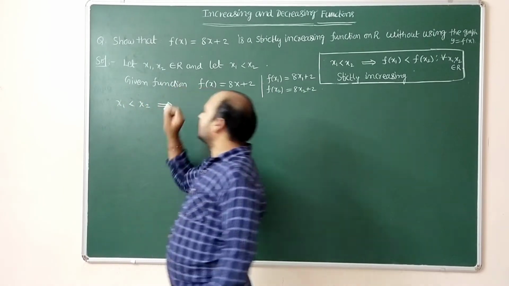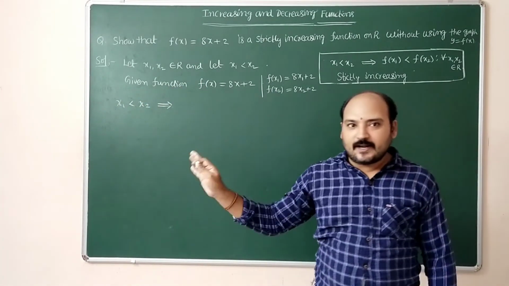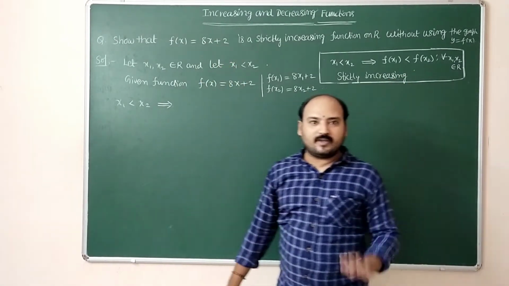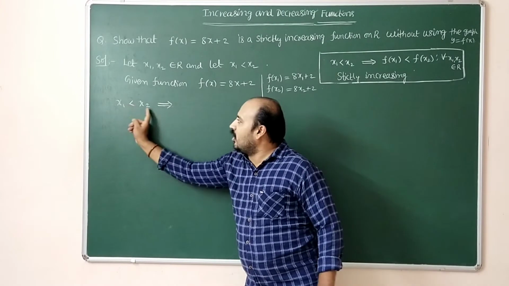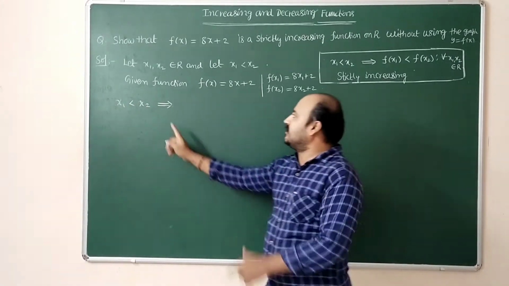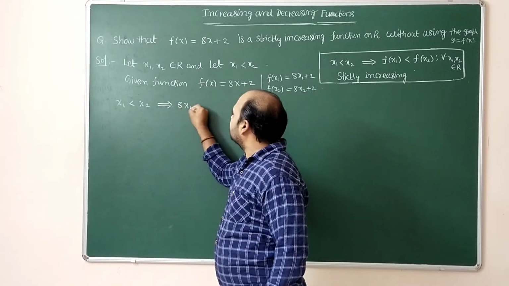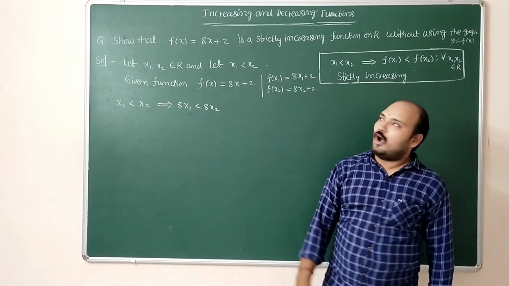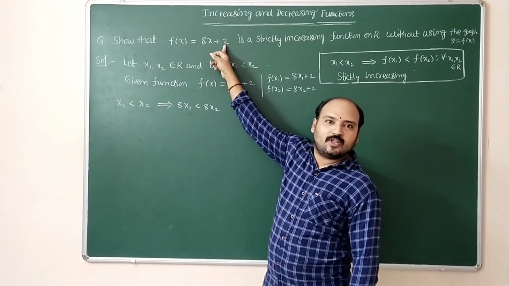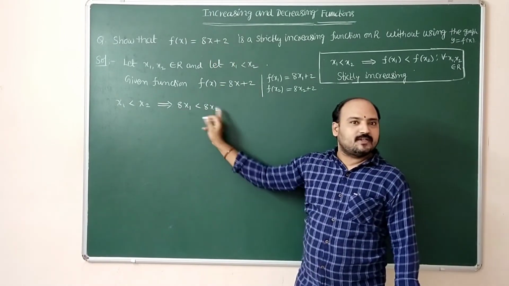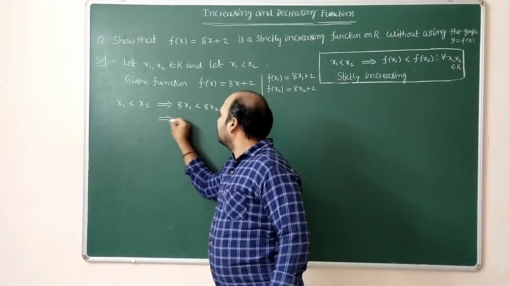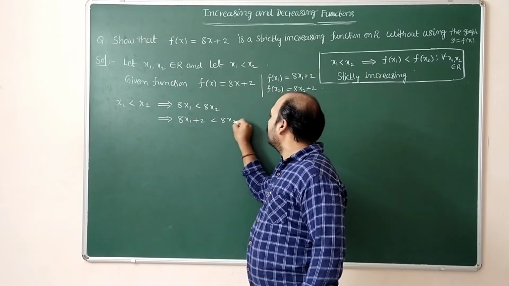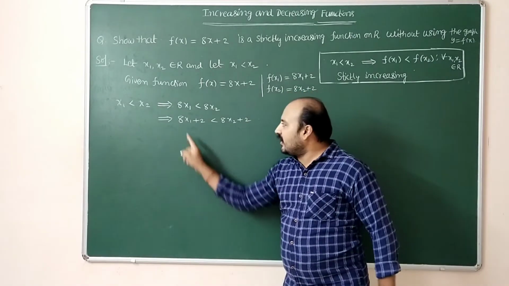That implies, after considering x1 is less than x2, in the function x multiple is what? 8 is there. So multiplying on both sides by 8 to the given condition here, 8x1 is less than 8x2. Multiplying on both sides by 8. After that, in the given function, plus 2 is also there. Adding plus 2 on both sides here. So that implies 8x1 plus 2 is less than 8x2 plus 2. What is 8x1 plus 2?